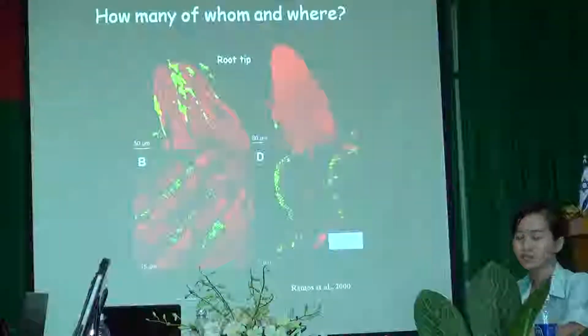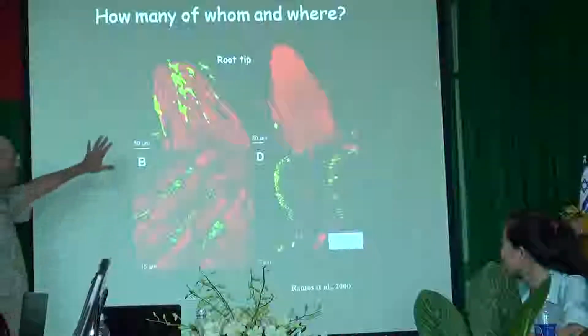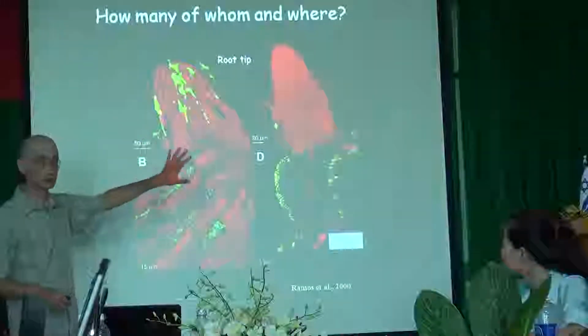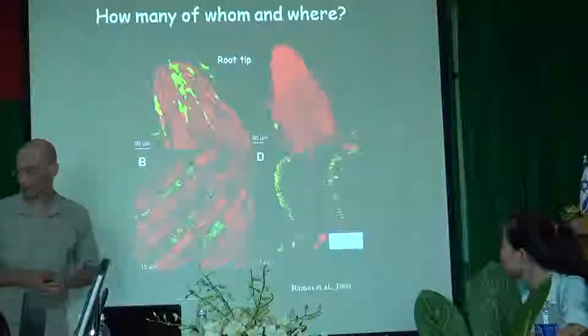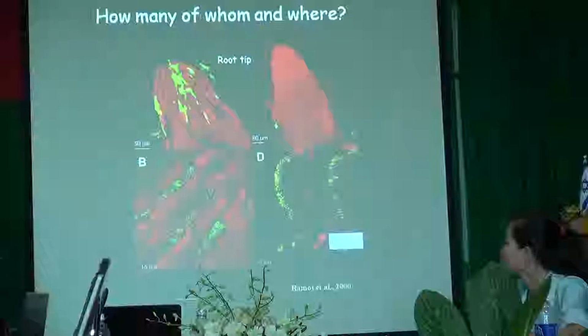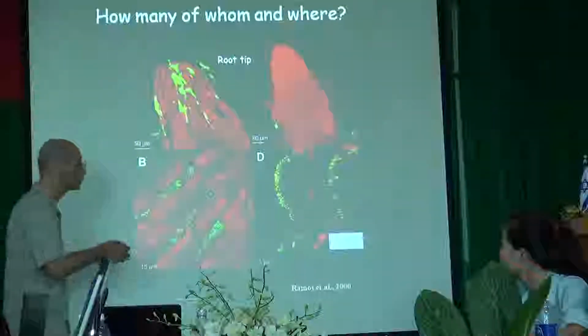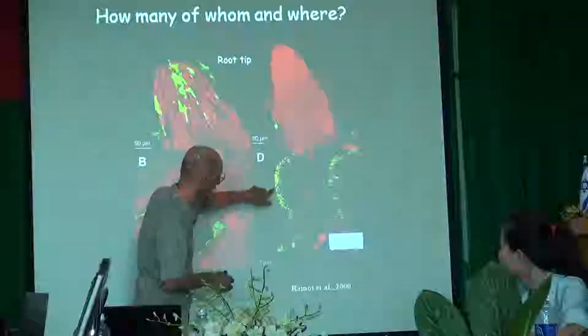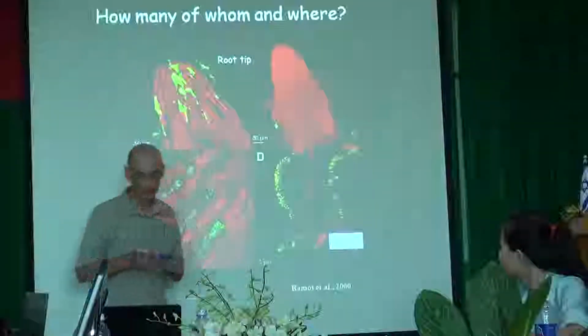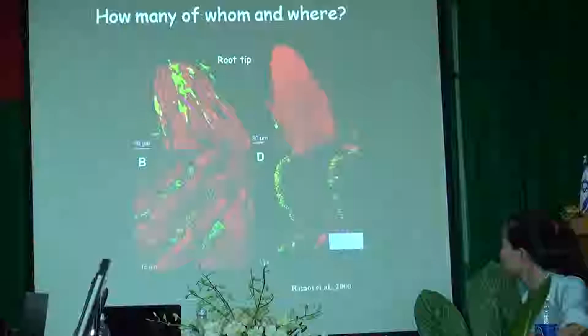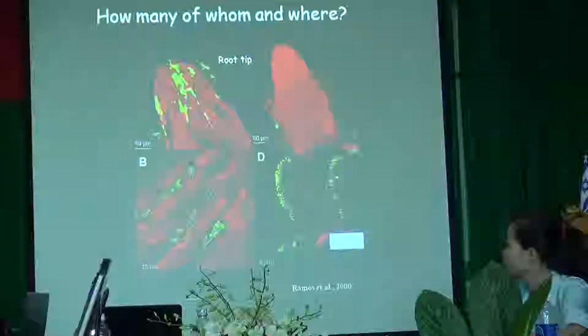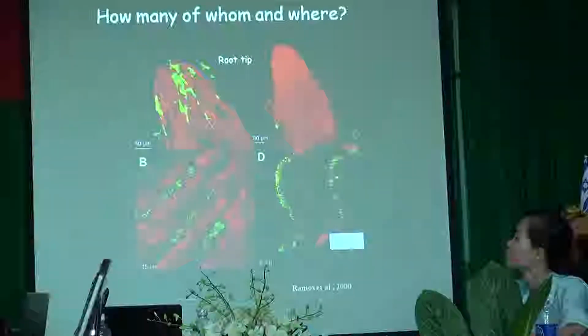Okay, so in this kind of images, it's a special kind of microscopy which you may or may not use in conjunction with the tracking of the bacteria. This type of microscopy is called confocal microscopy. Okay.